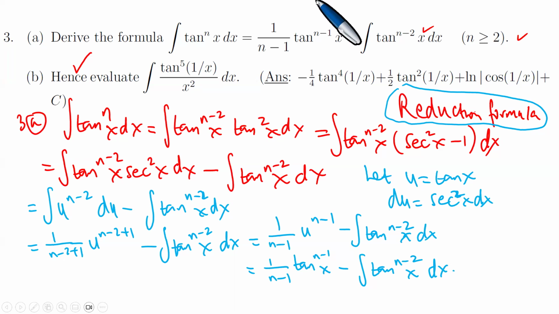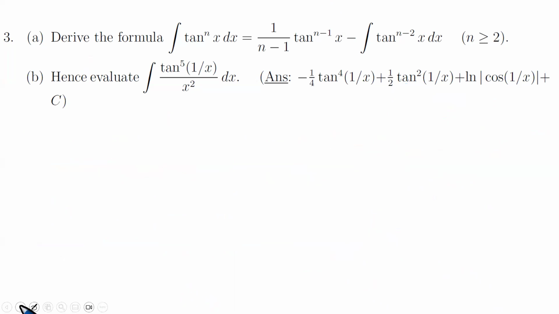Okay, let's continue. Now we're going to do the next one, part B. In view of part B, we're going to be doing this one using the reduction formula in part B. These things you need to repeat.